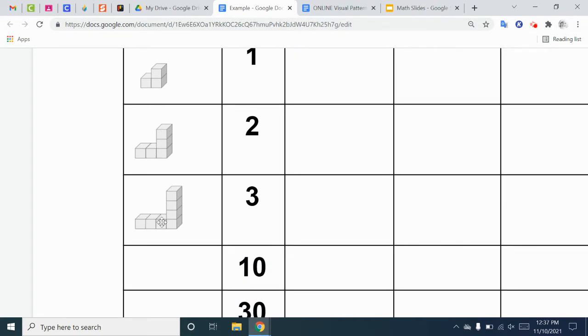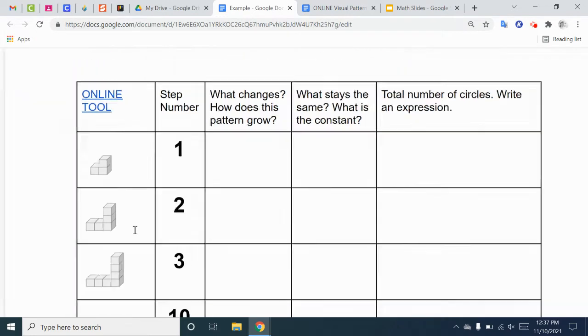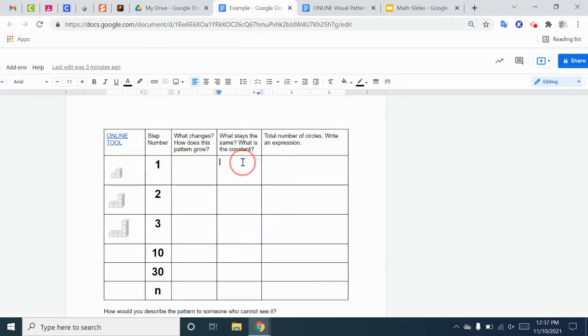And then step 3, there's still 1 in the corner, but now I have 3 on top and 3 on the left. So for this pattern, I know one thing is that that corner stays the same. So I always have 1 in the corner. So that's my constant. So my constant is going to be plus 1 because there's always 1 in the corner.